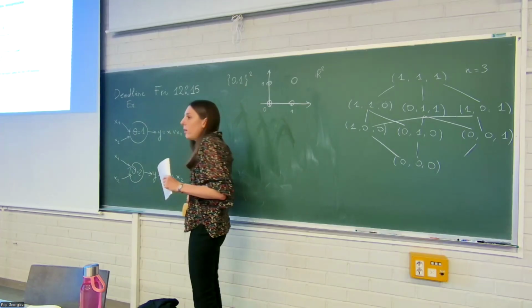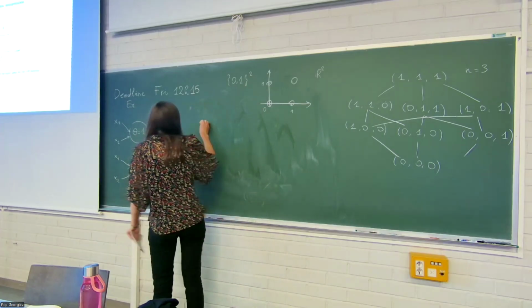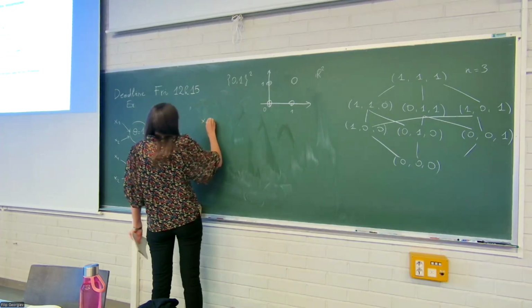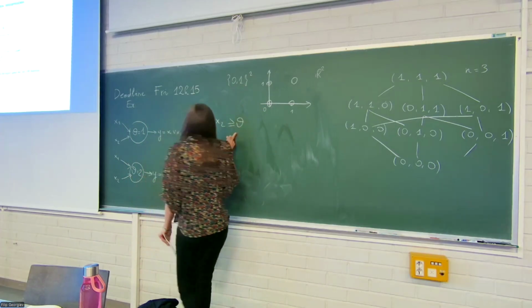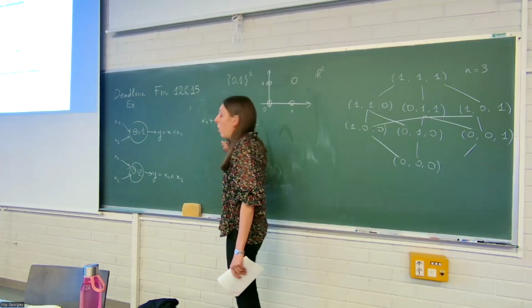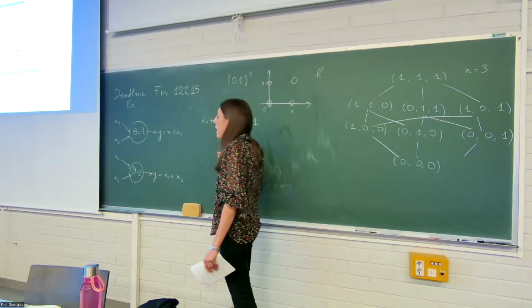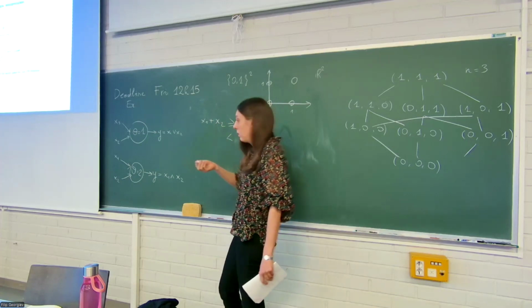Let's take, for example, the OR between two elements. What this threshold is checking is: is x1 plus x2 greater or equal than beta, where beta is equal to 1? Or is it less. If it's less, it outputs 0, and if it's greater, it outputs 1.